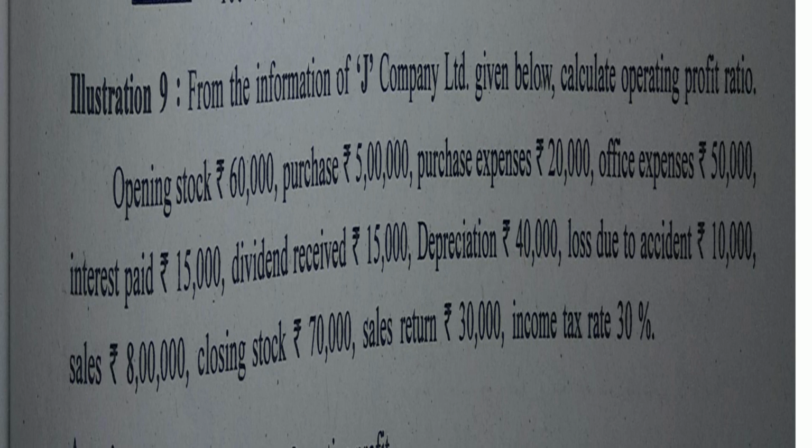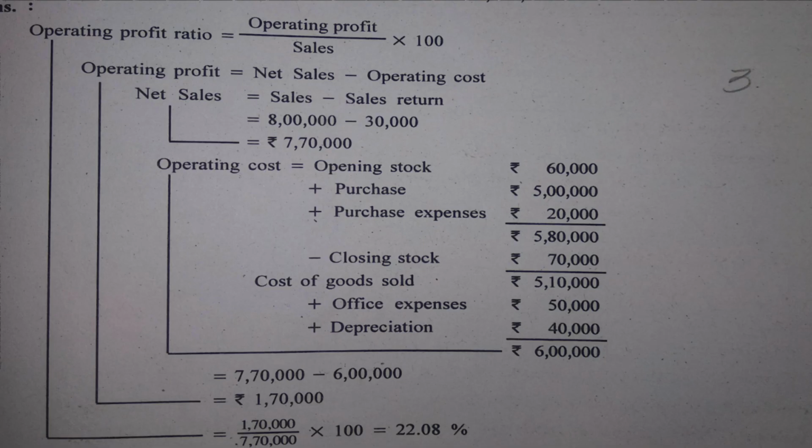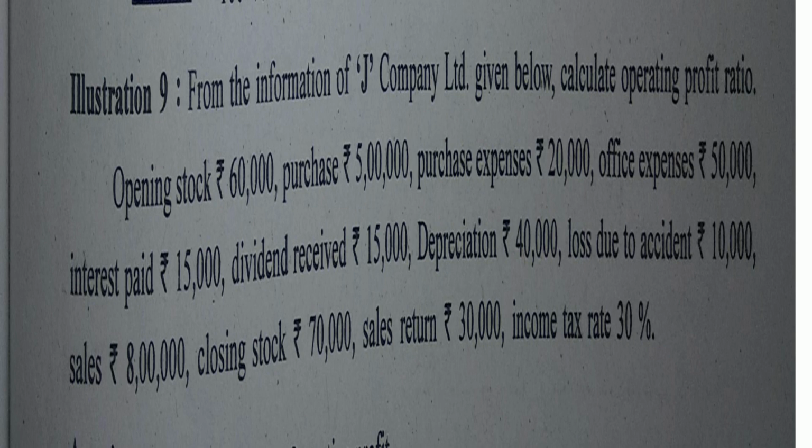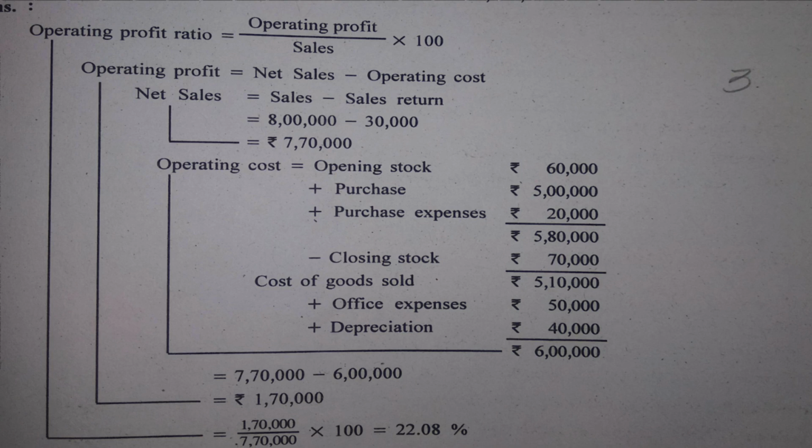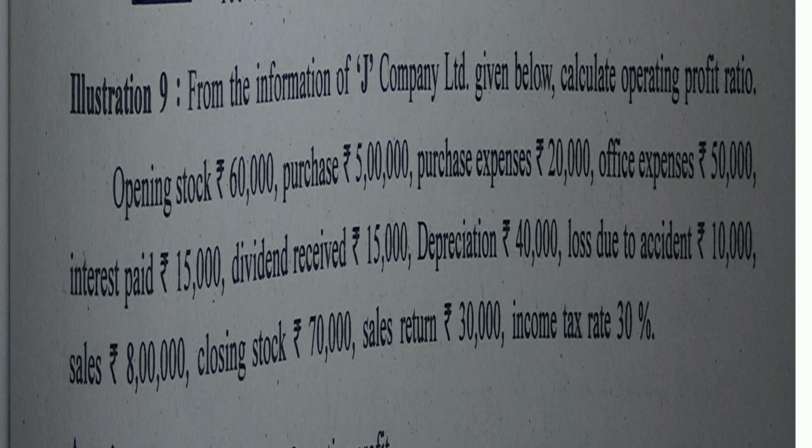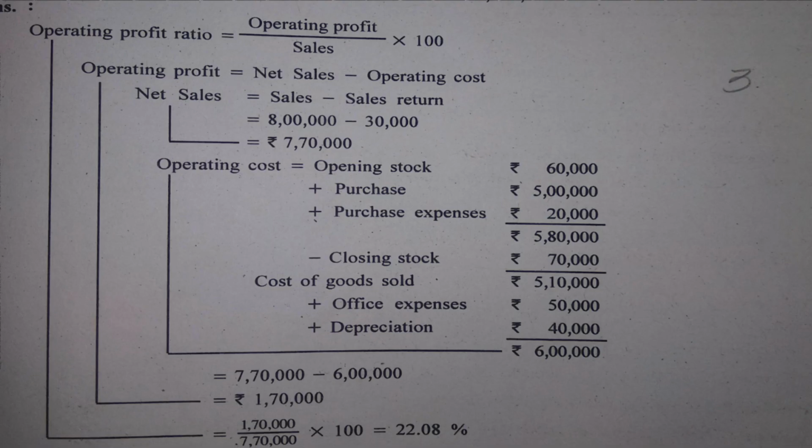Opening stock 60,000 plus purchase 5 lakh plus purchase expense 20,000 gives you 5,80,000 minus closing stock. Closing stock is given 70,000 in the last line of the question. So cost of goods sold is 5,10,000.